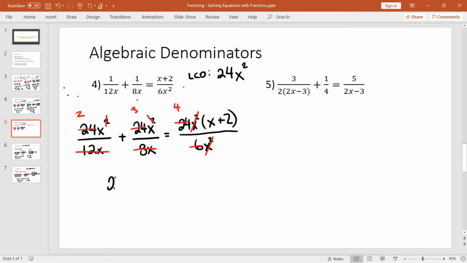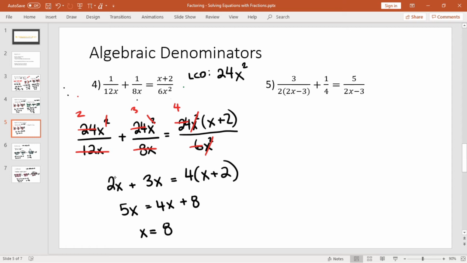My first term is 2x, my second term is 3x, and on the right side I have 4 onto x plus 2. So I have 5x equals 4x plus 8, and then move the x's to the left side, and I'll have x equals 8.